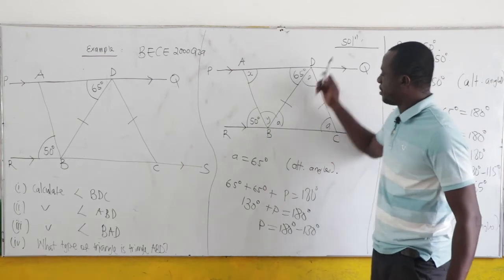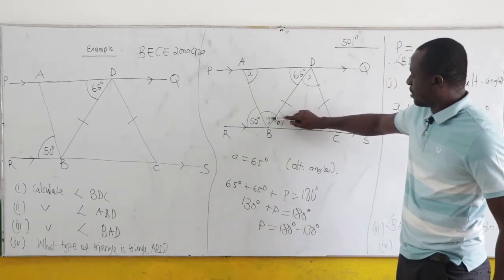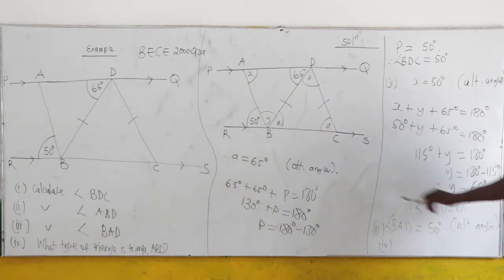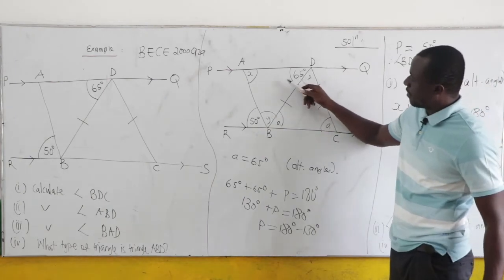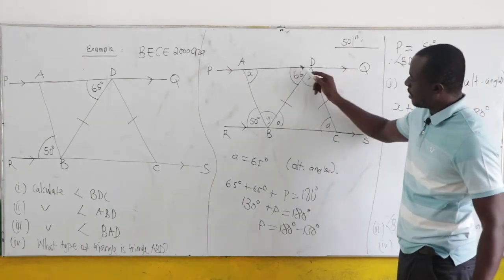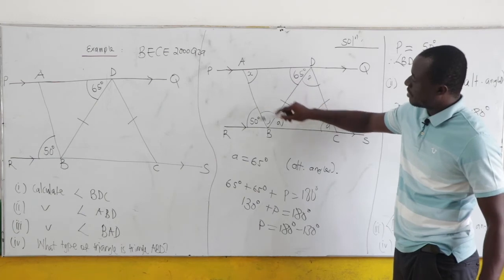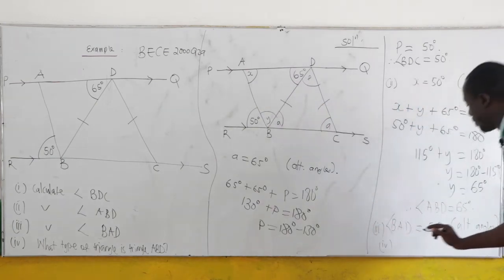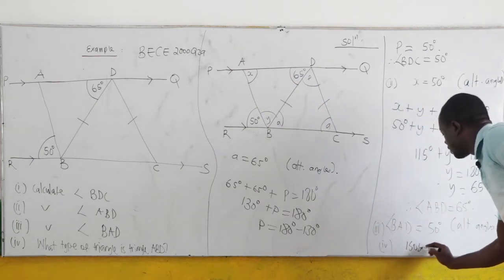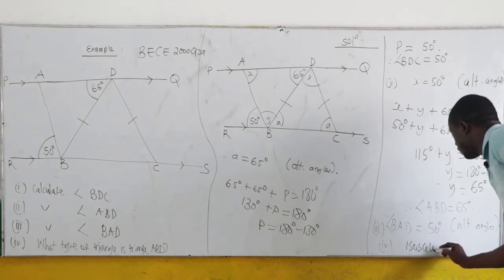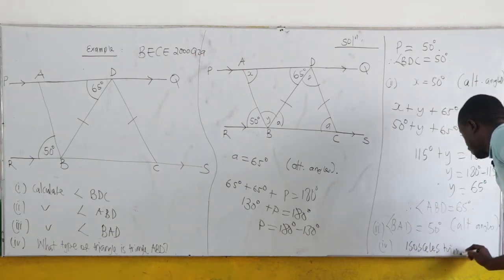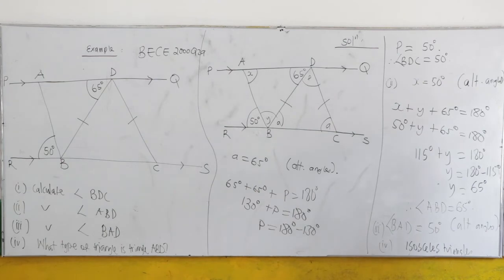Now, we had our Y. What is our Y? 65. So 65, 65. And the angle here is 50. Clearly, this side is the same as this side, so it is an isosceles triangle, while the base angles are equal.